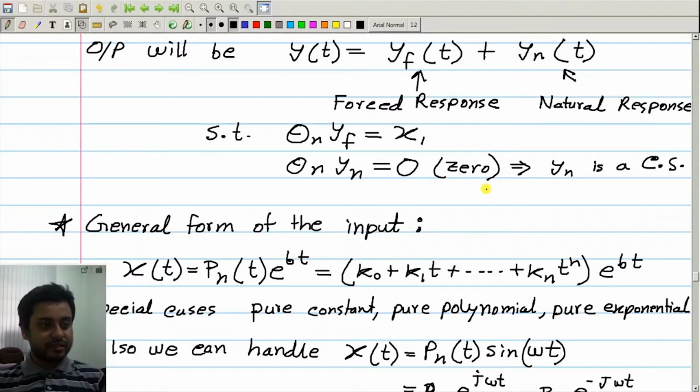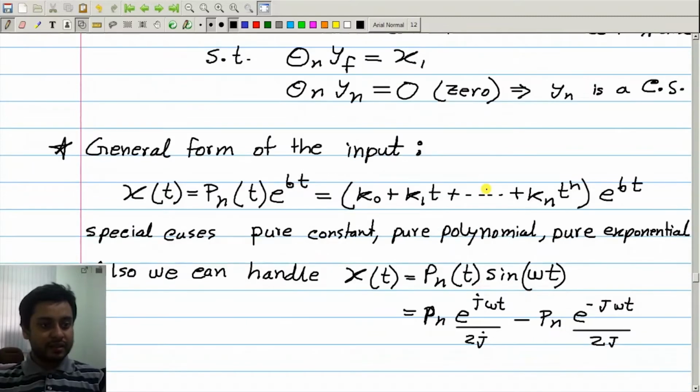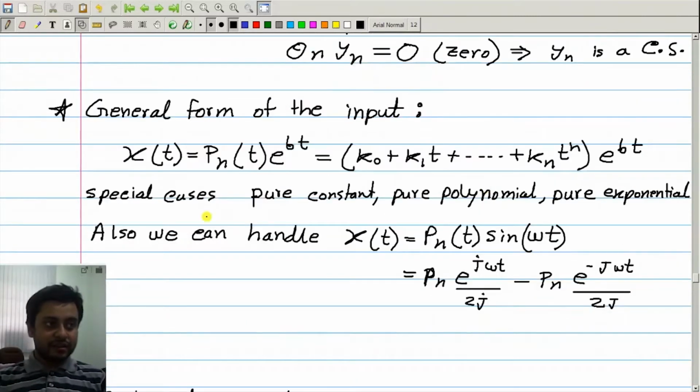Next, we have learned that we will use a general form of the input for all our purposes, which is like this: x is a polynomial multiplied by an exponential of time.